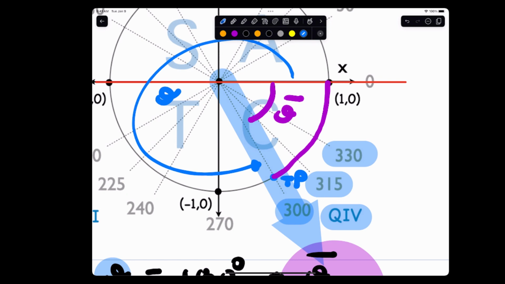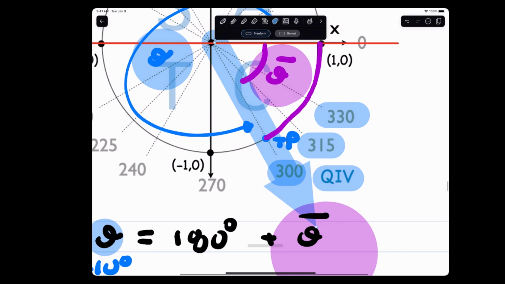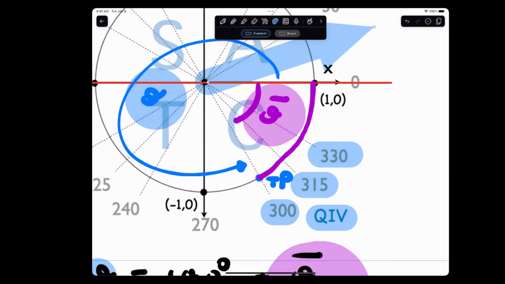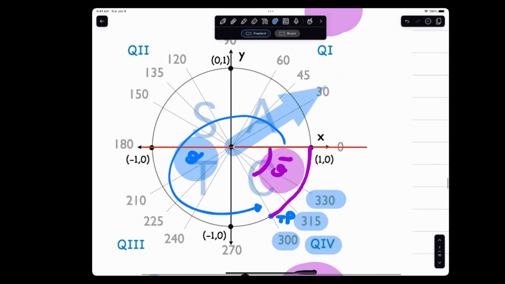Now let me share with you guys the relationship between the angles theta and the reference angle. So here's how this works, okay? Here's how you want to look at this. You're going to rotate one full revolution, which measures 2 pi radians, or 360.